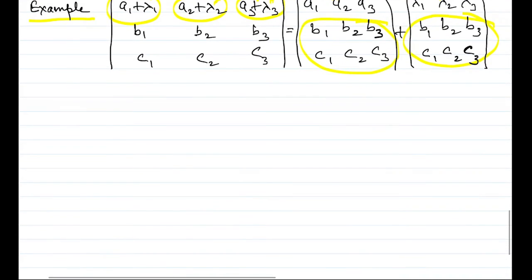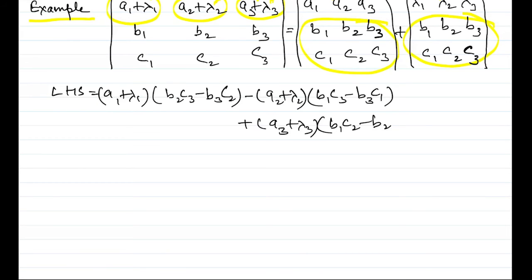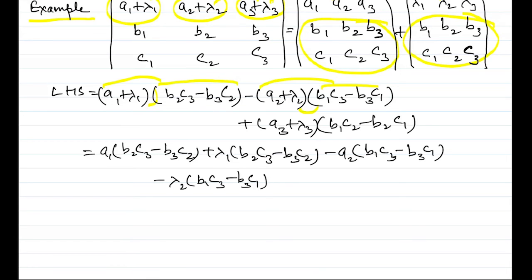Let us see the verification of this property. Expanding the determinant on the left side along the first row, we will get (a1 plus lambda 1)(b2 c3 minus b3 c2) and so on. Applying the left distributive property, we will have a1 into (b2 c3 minus b3 c2), and so on, plus a3 (b1 c2 minus b2 c1) plus lambda 3 (b1 c2 minus b2 c1).